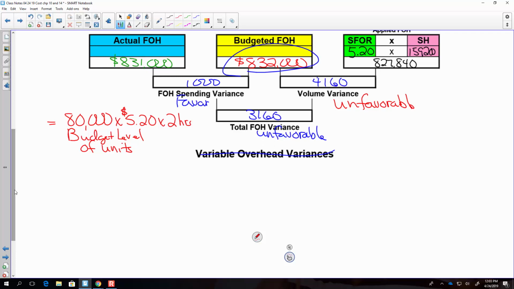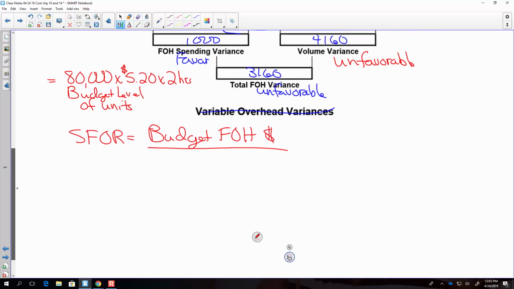When we're looking at our standard fixed overhead rate, we've said it's the budgeted fixed overhead dollars over some budgeted level of activity. And in this chapter, we're always going to be using direct labor hours as that budgeted level of activity.